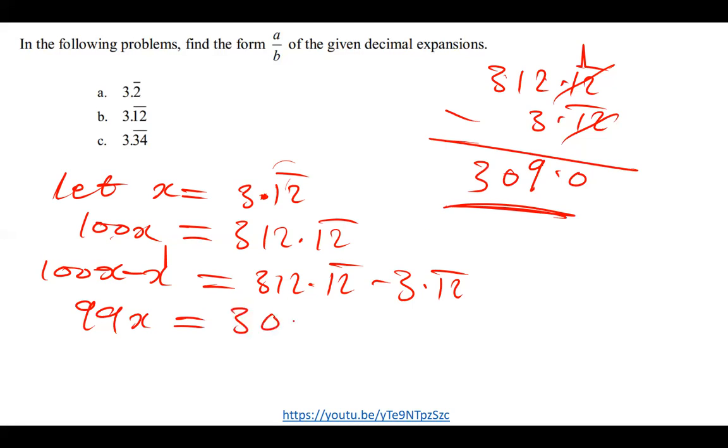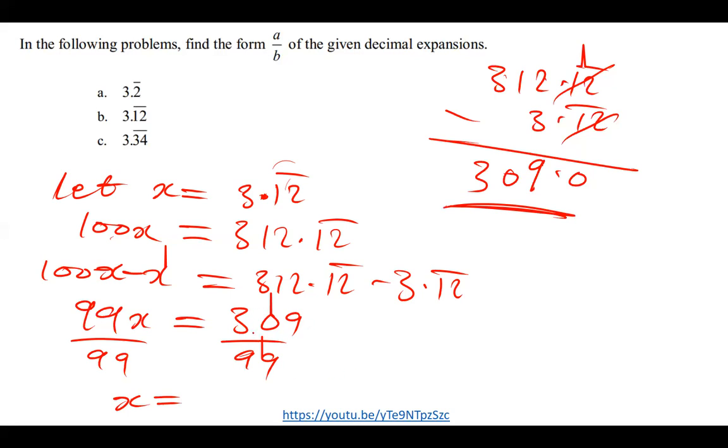So I have 309, and then we divide by 99. The value of x will therefore be equal to 309 over 99, and you reduce this. The numerator and the denominator can be divided by 3.